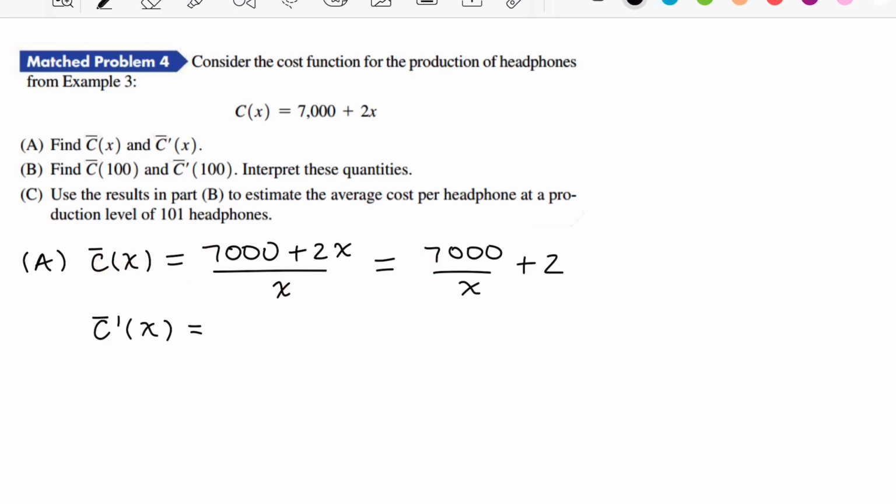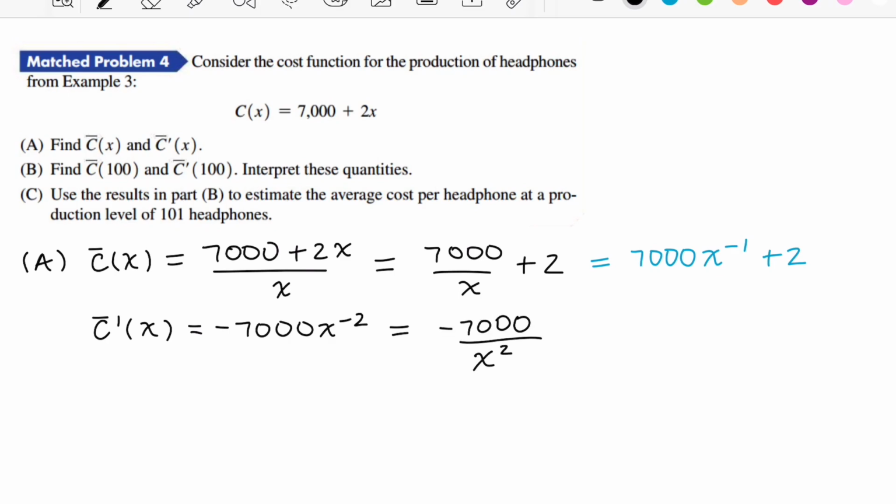And then what we'll do too is rewrite this so it's easy to see what we're doing with our power rule when we find the derivative. So the derivative of this guy, our negative 1 is going to come down in front and multiply our 7,000. So we get negative 7,000. And then we get negative 1 minus 1, so we get negative 2 in our exponent. And then we know that the derivative of a constant is just 0. So our marginal average cost is going to be rewritten with positive exponents, negative 7,000 over x squared.